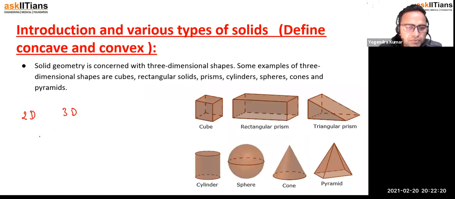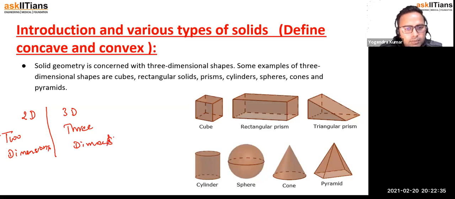In shapes we need to understand this. 2D means 2 dimensions, and 3D means 3 dimensions, right? In 2D we have only 2 dimensions, but in 3D we have 3 dimensions, right?